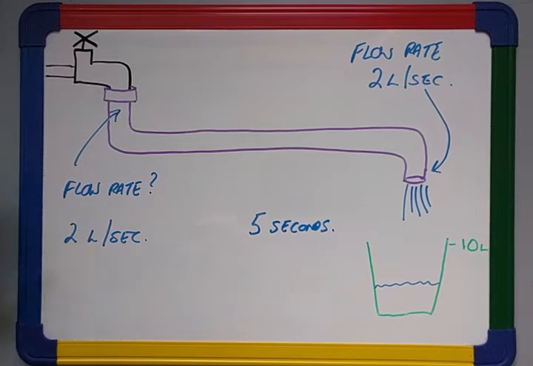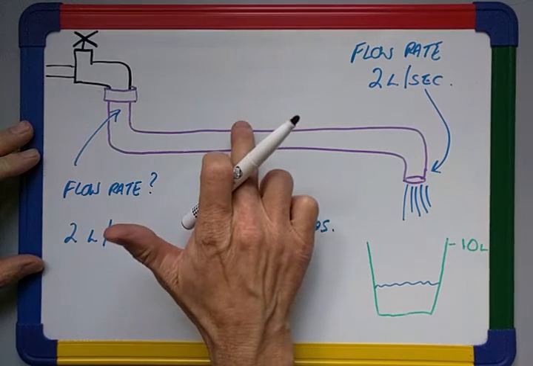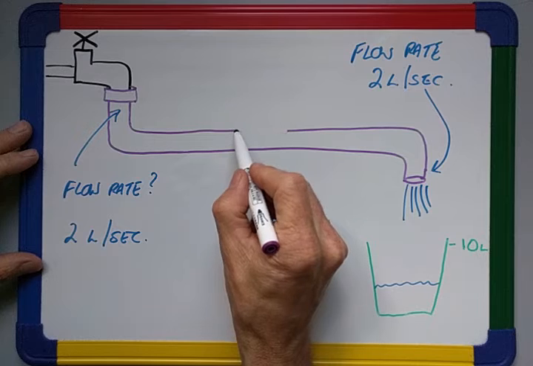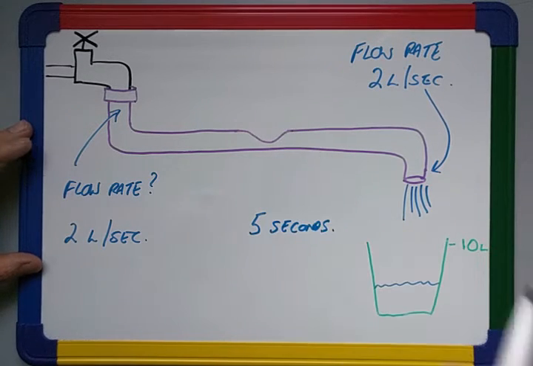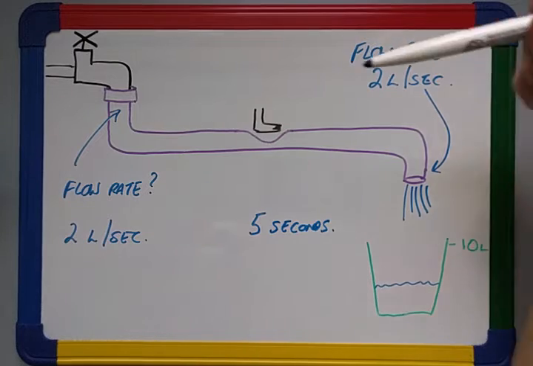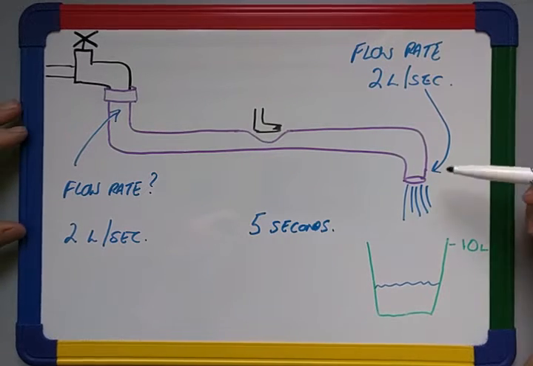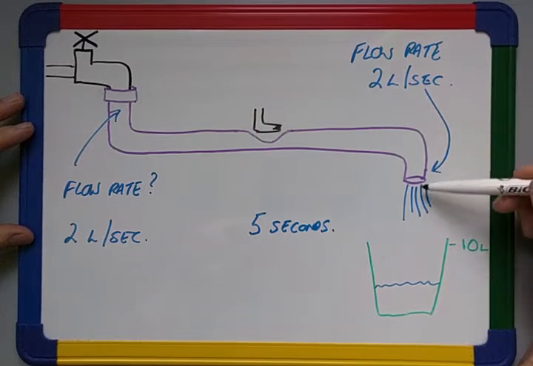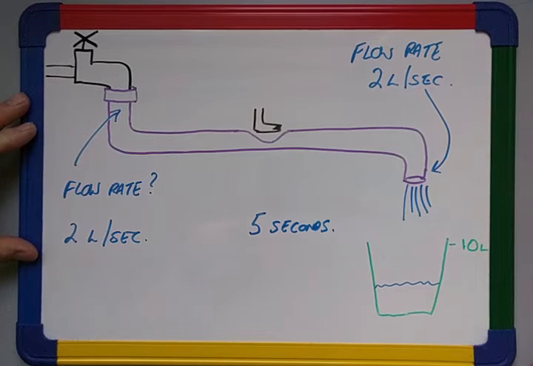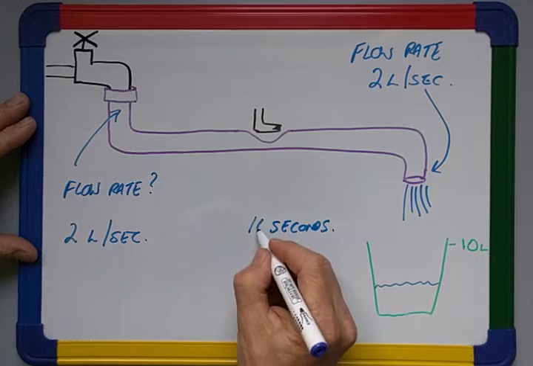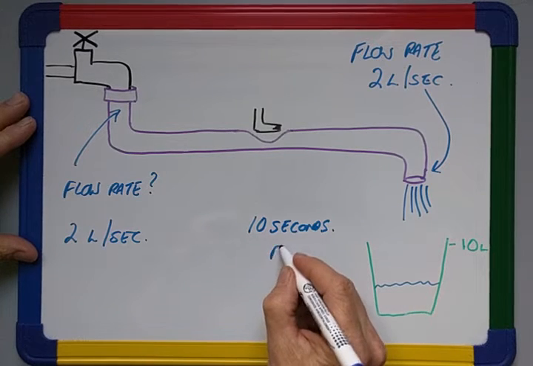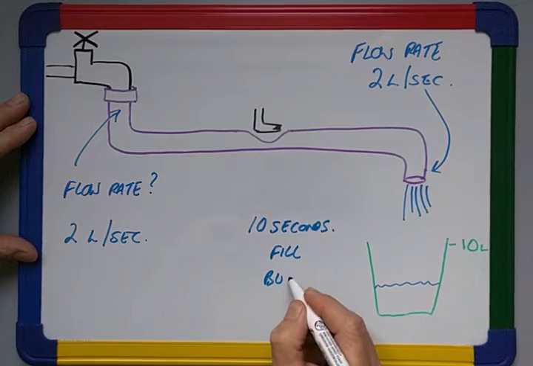Now something interesting happens. Someone comes along and stands on top of this hose pipe. And while they're standing on the hose pipe, we notice that the flow rate out the end of the hose pipe has got lower. It's now taking 10 seconds to fill the bucket.